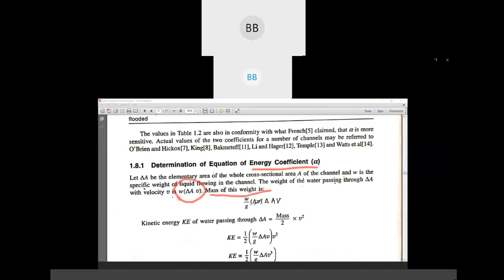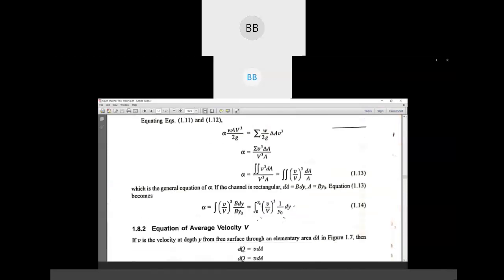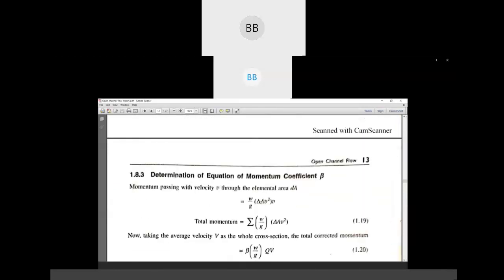We use the same equation for beta also: specific weight divided by acceleration due to gravity, multiplied by the area, del A, as we are considering the small elementary area, multiplied by the velocity v. Small v is the velocity of flow inside the small elementary area.